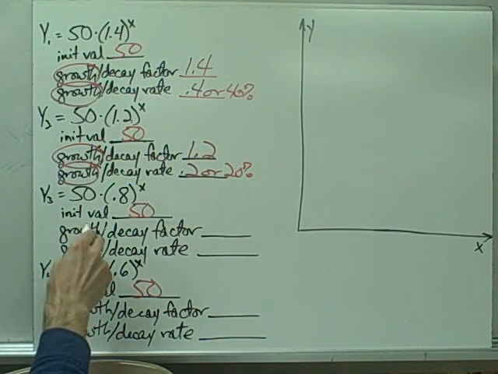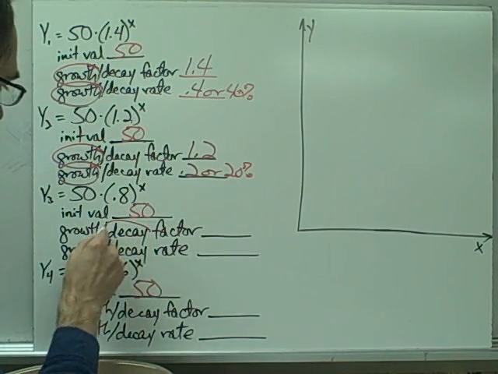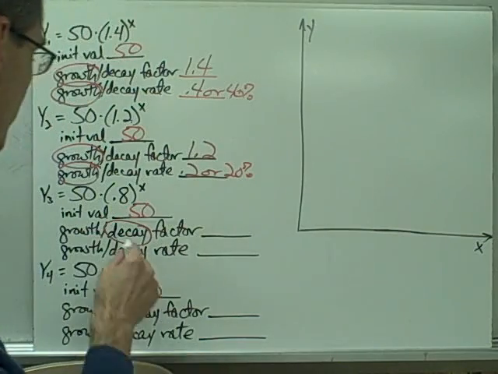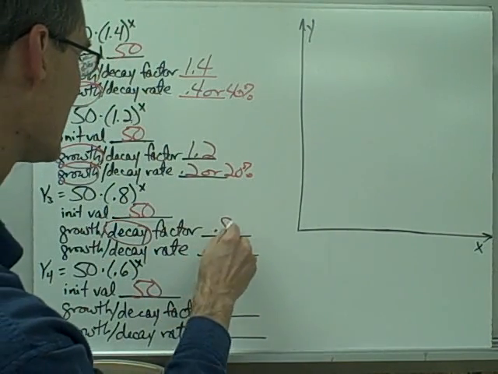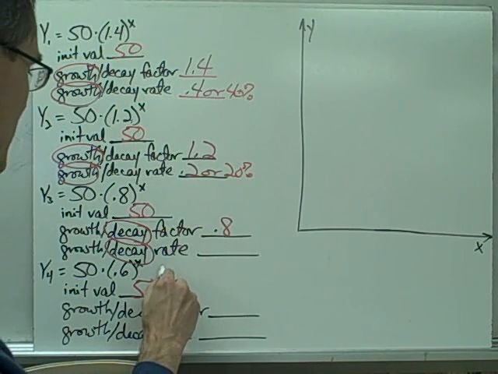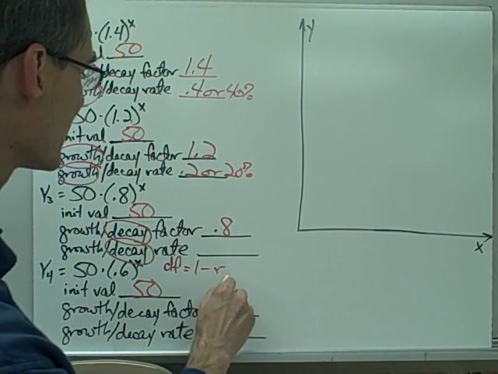This third function, I've got my initial value of 50, growth or decay factor. Now this one I can see is going to be a decay factor because its value is less than 1. So my decay factor is 0.8. And now my decay rate, remember decay factor is equal to 1 minus the decay rate.